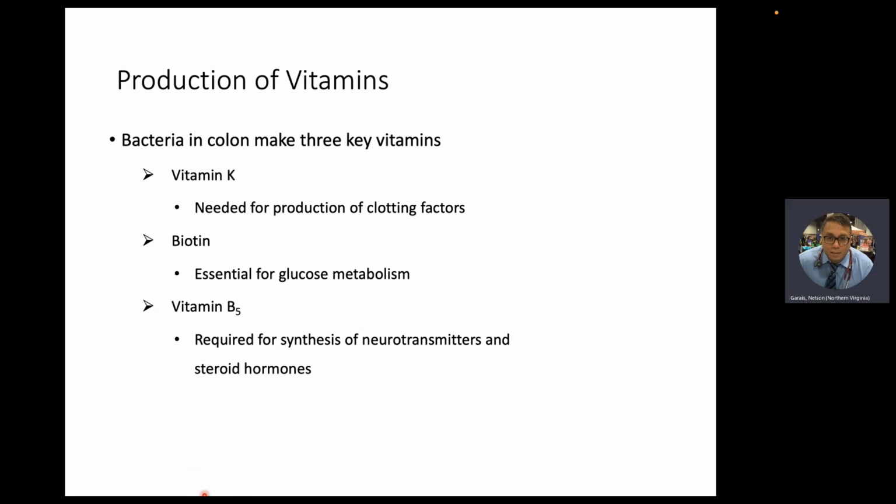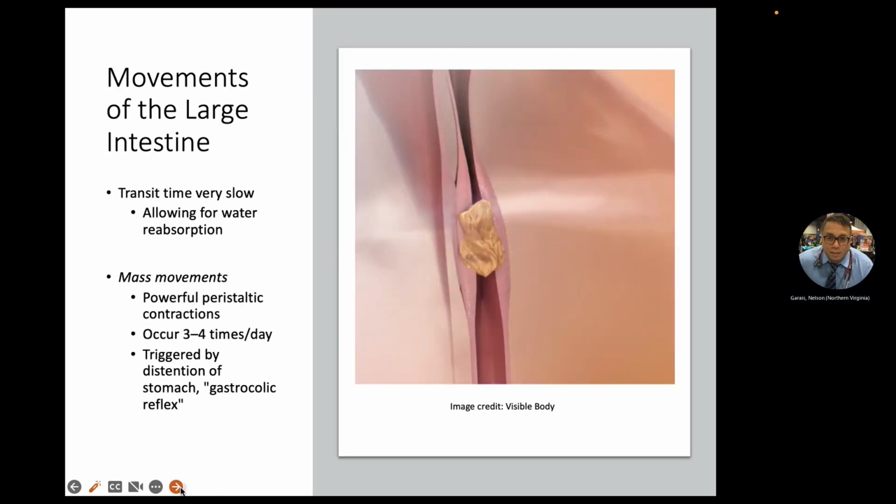So you could see how having normal flora like Escherichia coli in your colon, it's needed. And excessive antibiotic abuse, that'll mess things up. Or any gastrointestinal disease that messes with your colon, that also messes things up. So know your vitamins and know the functions.